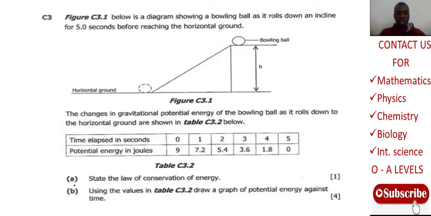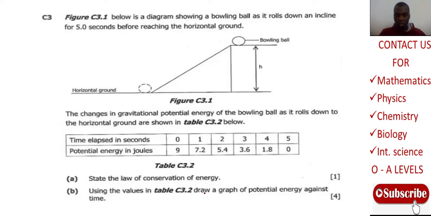And the first question says, state the law of conservation of energy. Now, the law of conservation of energy simply states that energy can neither be created nor destroyed. It can only change from one form to another. Okay, B, using the values in table C 3.2, draw a graph of potential energy against time.